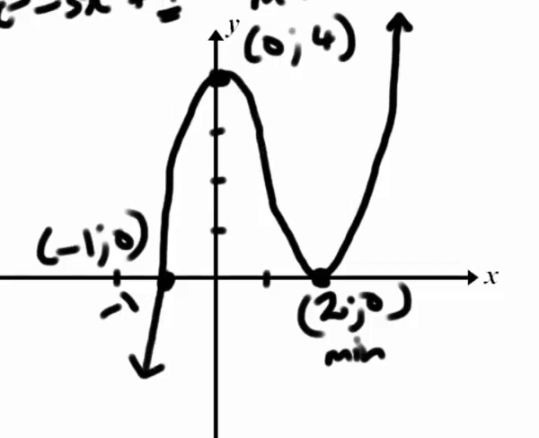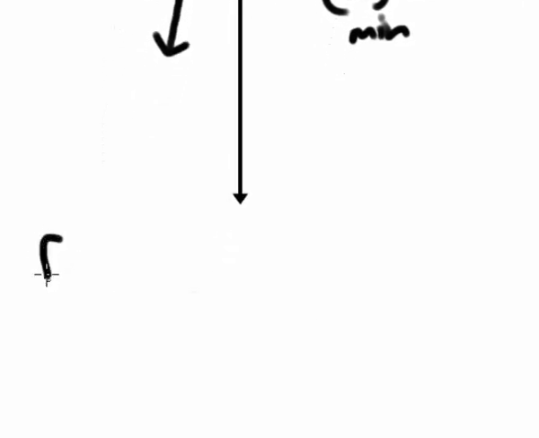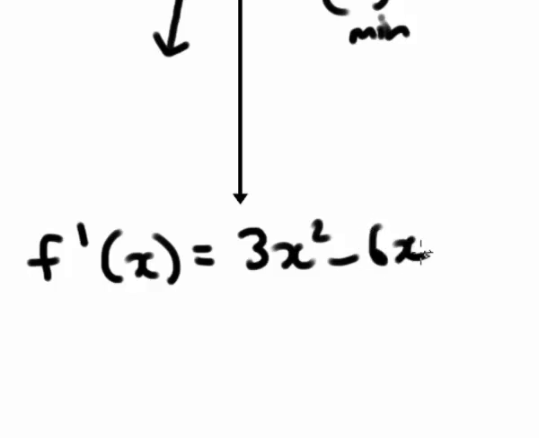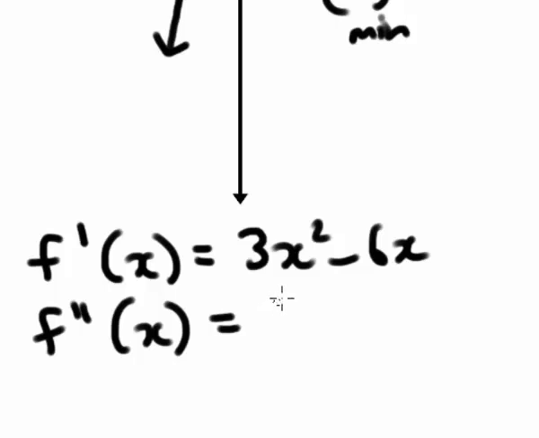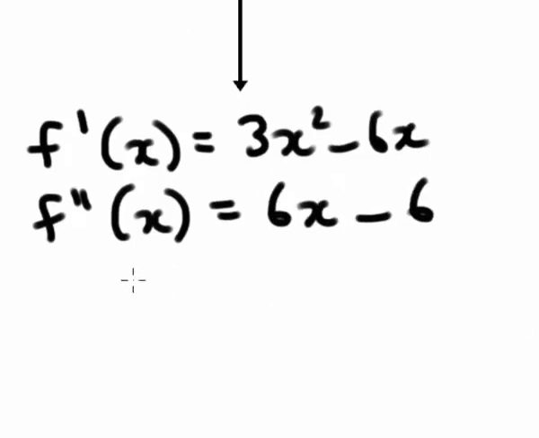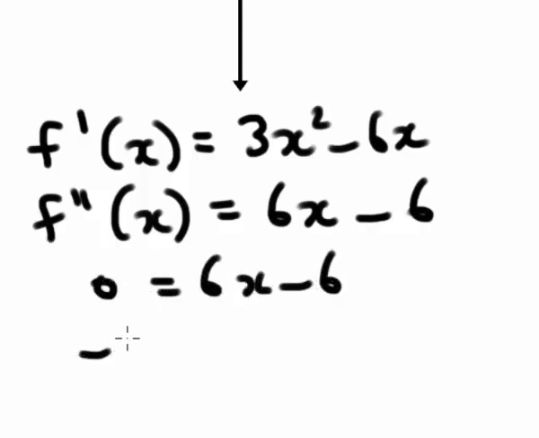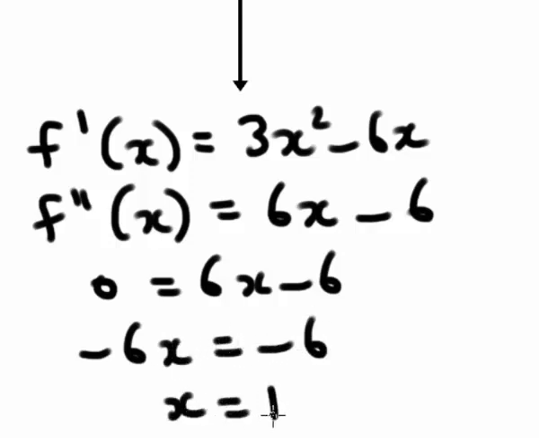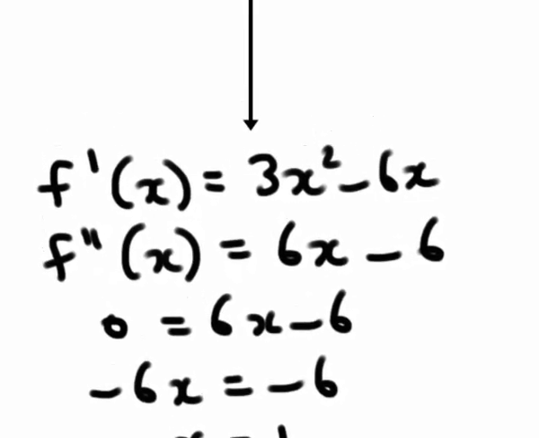And what we do, now don't worry about this, is there's a principle which is quite a complicated thing. We've already got the derivative, which was 3x squared minus 6x. Now if you differentiate again, you're going to get 6x minus 6. And if you put the second derivative equal to naught, you then get what we call the point of inflection, and that's going to happen at x equals 1.